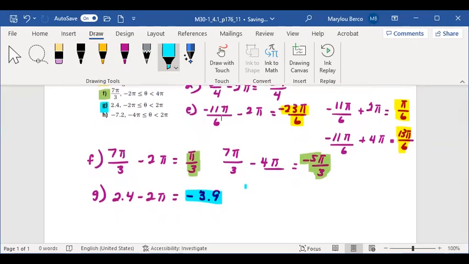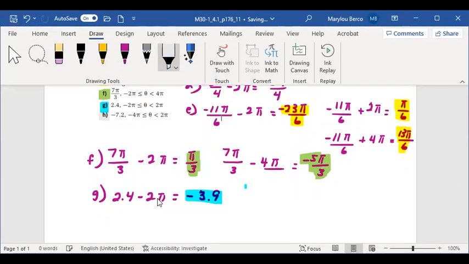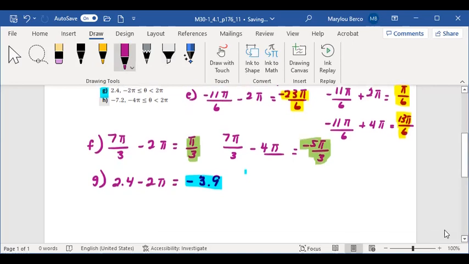And H. Here we have negative 7.2, where the domain is between negative 4 pi and less than 2 pi. So this one's a bit trickier. We have negative 7.2 plus 2 pi equals negative 0.9.